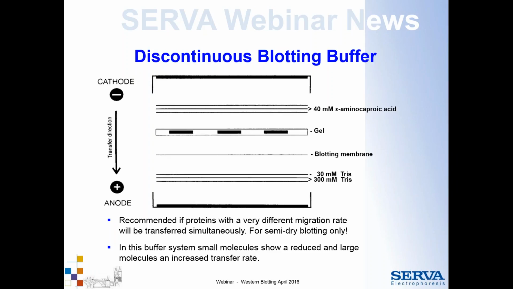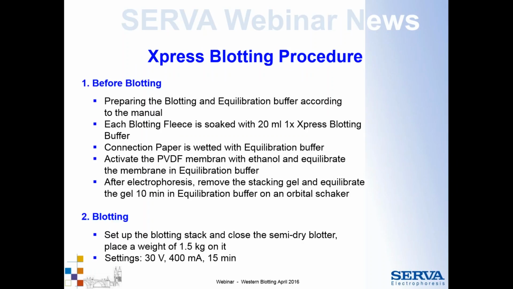But due to the different buffers used near the anode and the cathode, this is only for semi-dry blotting. And a special blotting buffer system for the semi-dry blotting is the XPressBlotting.